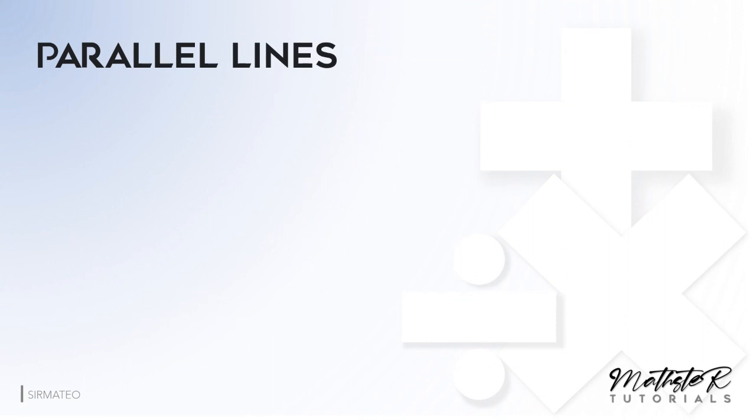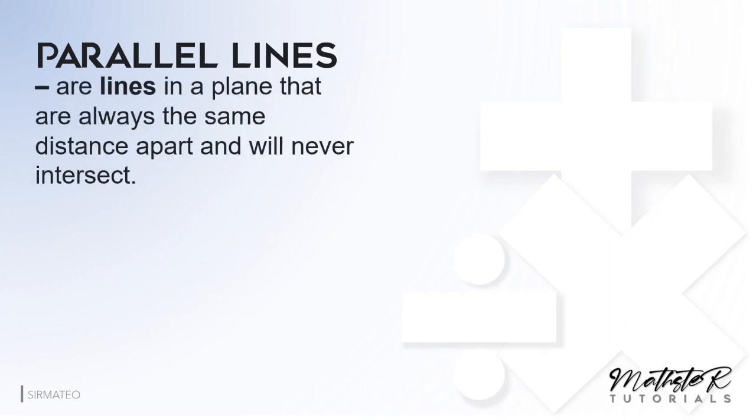And then, we have parallel lines. Parallel lines are lines in a plane that are always the same distance apart and will never intersect. So, ito yung example ng parallel line. Pag meron kayong nakikitang ganitong lines na hindi nag-intersect or meron siyang equal distance to each other, yun ay tinatawag nating parallel lines.